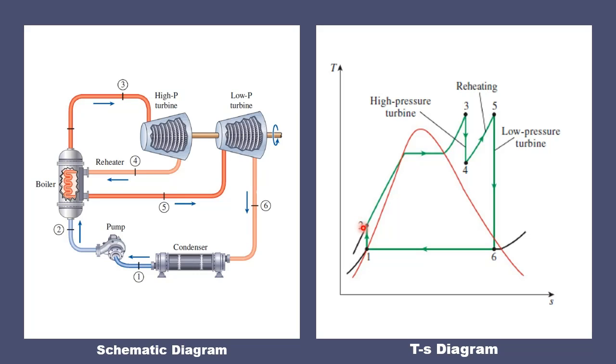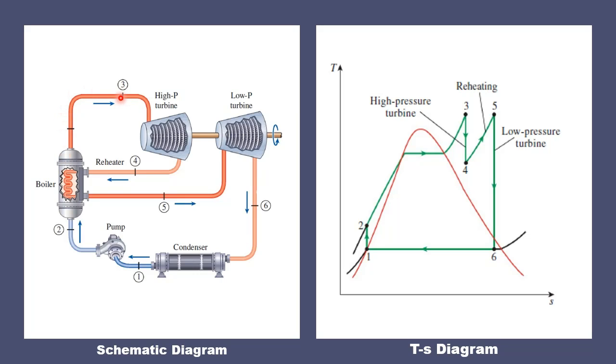The pressure at point 2 is the same as the pressure of the boiler because it will not enter the boiler if the pressure would be different. That is the reason why point 2 has the same pressure as that of the boiler. Then after leaving the pump, it will now become feed water to the boiler. It will enter the boiler where it will be heated to point 3.